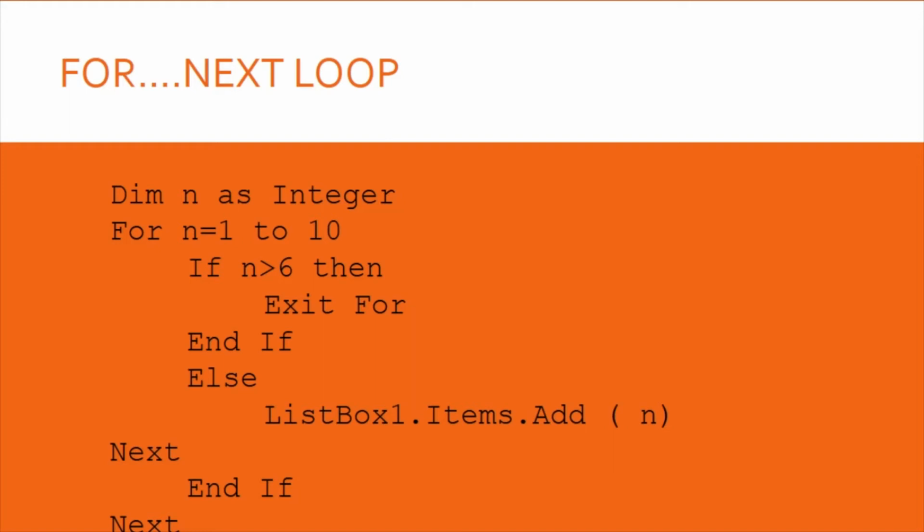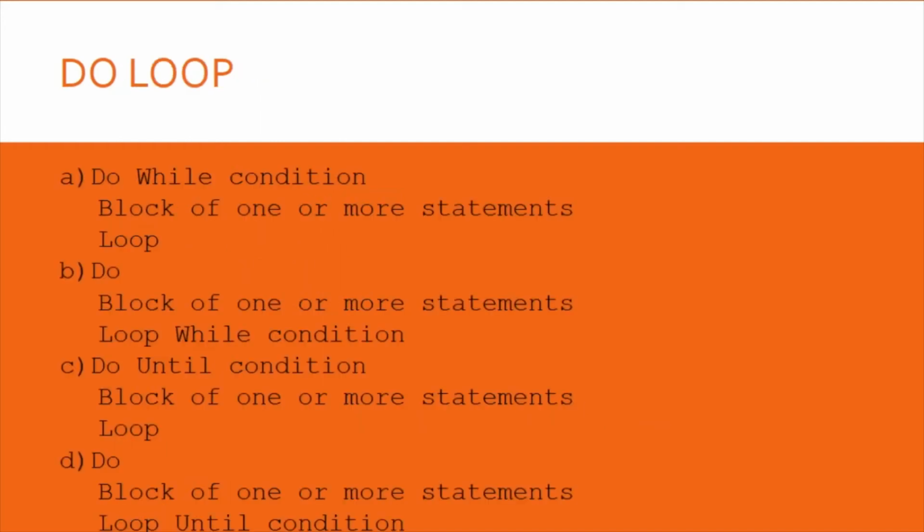Even though n does not exceed the value 10, if it meets this condition, we can exit from the loop. So this is an example of a For Next loop with an exit condition. After it meets a certain condition, we can exit from the body of the loop.